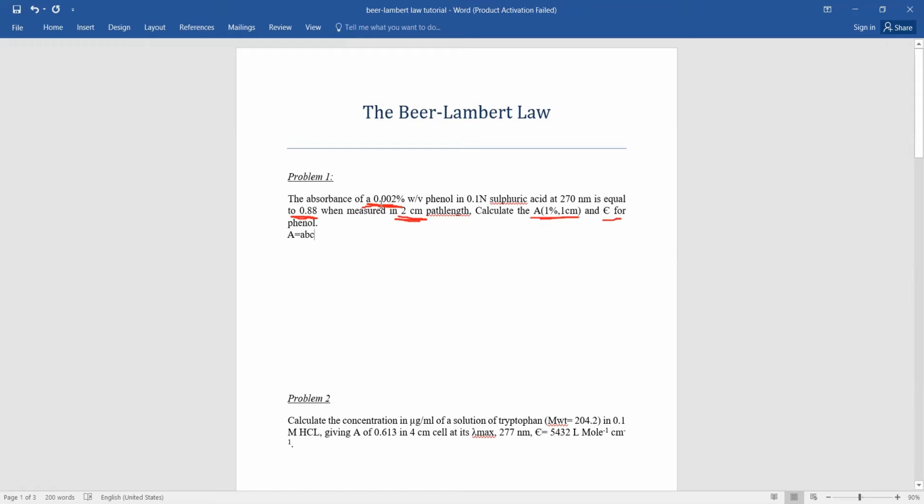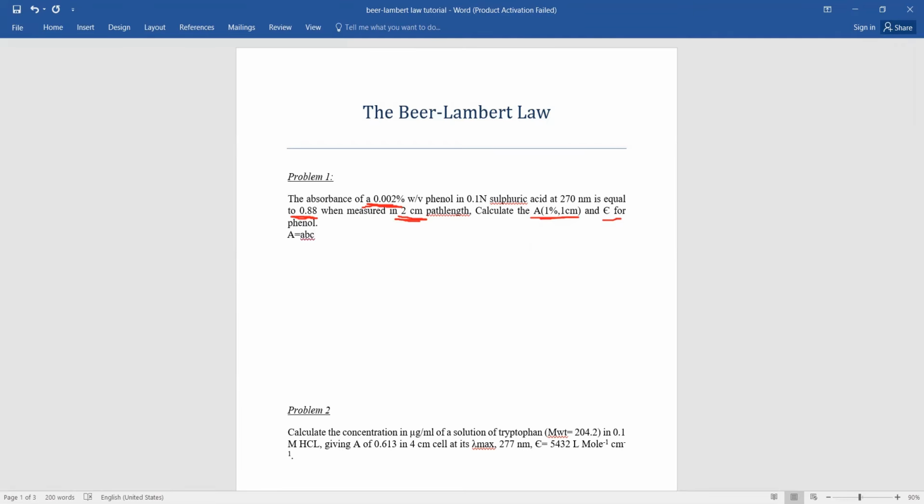And this is already the given. The given is 0.002% weight per volume, which is the same as gram percent, as we said. So here we want the absorptivity.